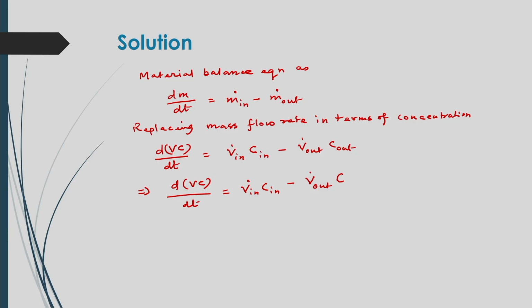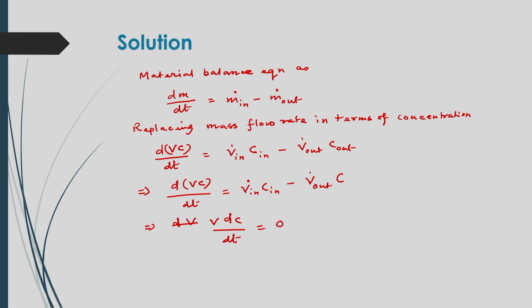V as constant. So, we can write V into dC by dt, and the inlet concentration of solids in the inlet pure water is 0.